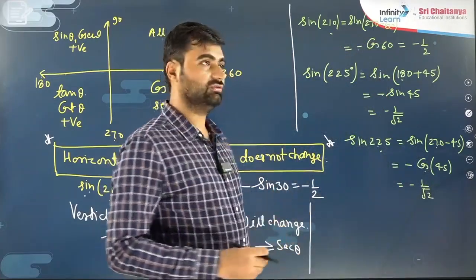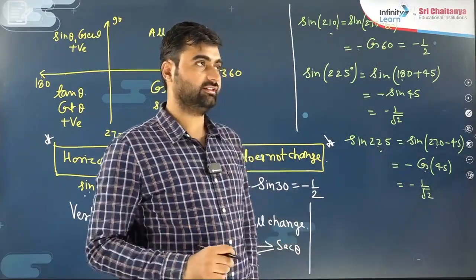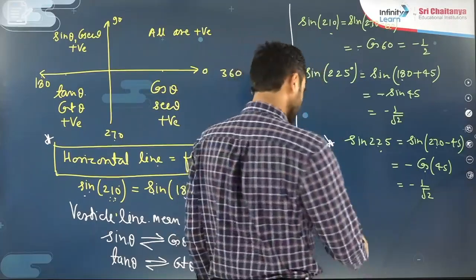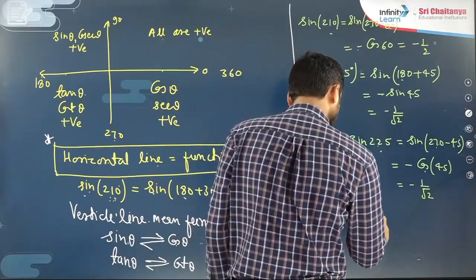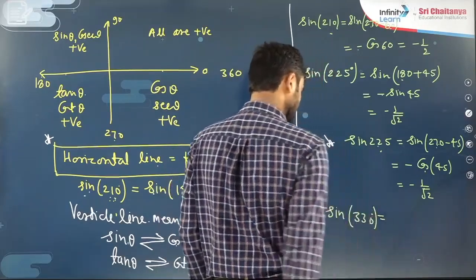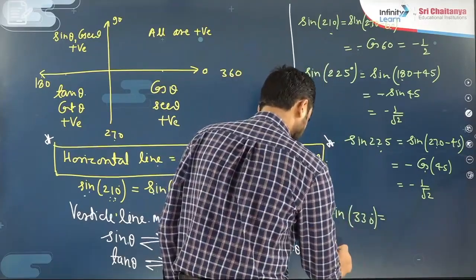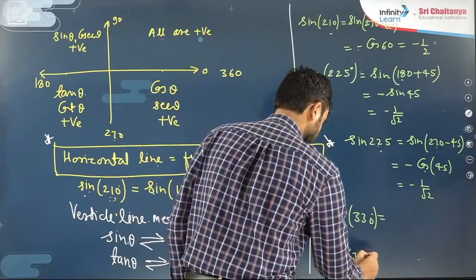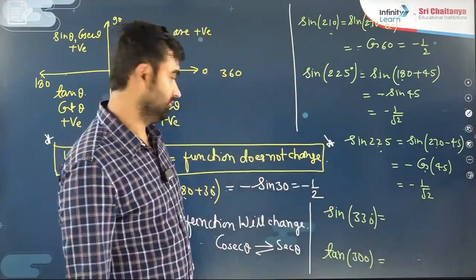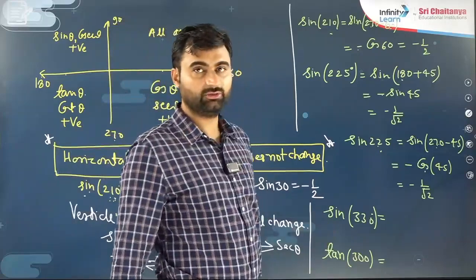Now I am giving you some questions, 2-3 questions. These values you have to find out. Sin 330. Calculate it. Then tan 300. Calculate these values. Okay, so first we will check sin 330.